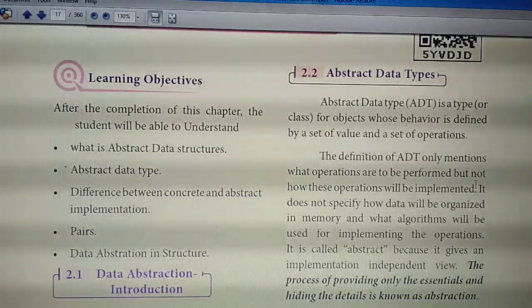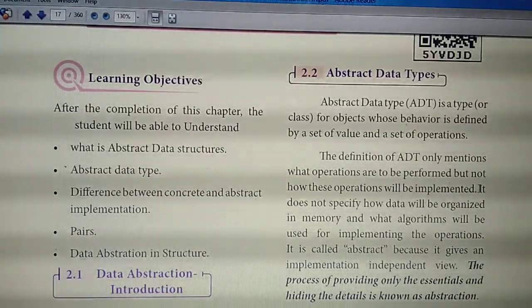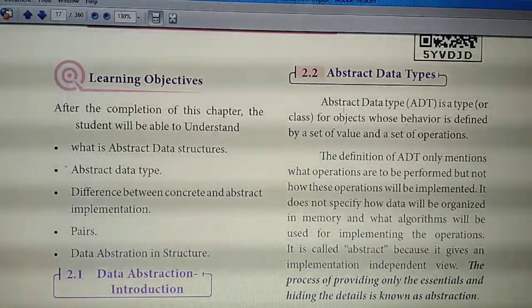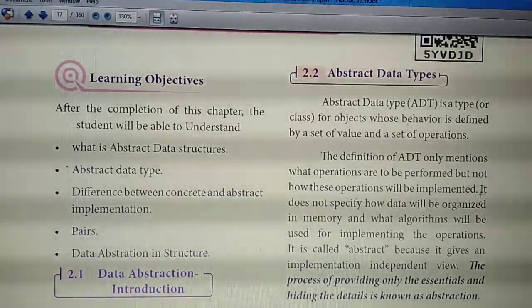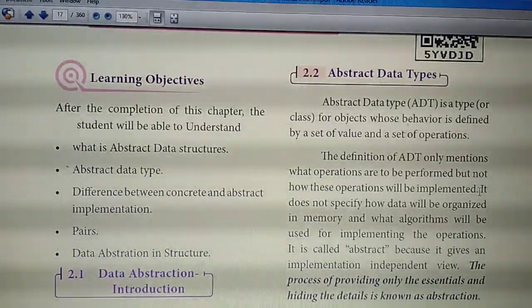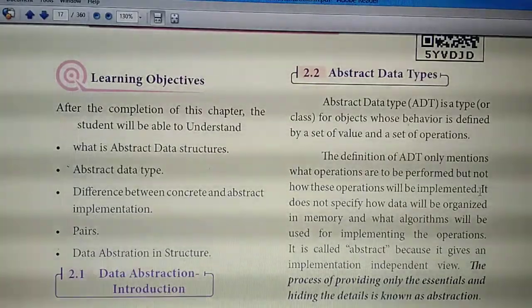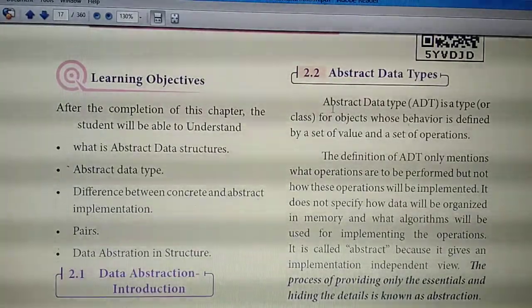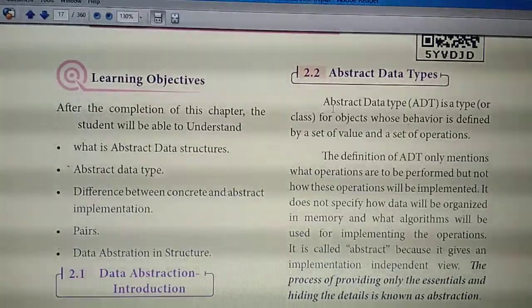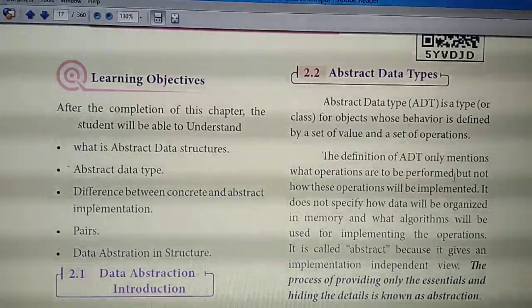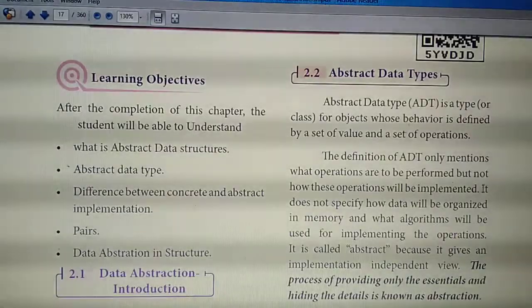Starting from here, abstract data type is a type, to the next paragraph, up to implemented. Have you marked? Starting from here up to here, implemented.